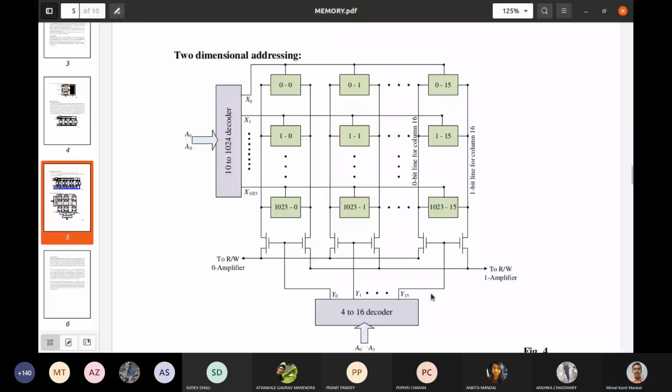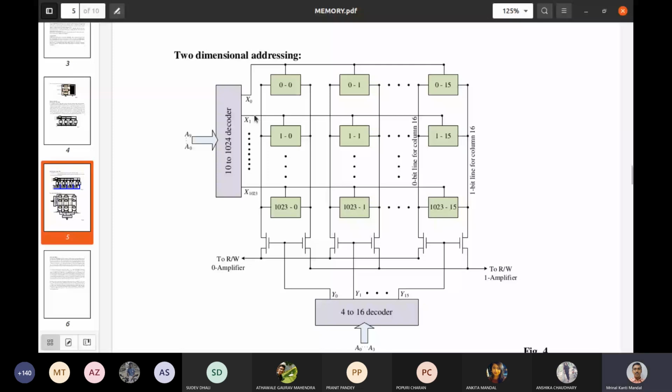Now this particular row will be selected at a particular instant of time by highlighting this. Suppose all are 0, then X0 will be high. If A0 is 1, all others are 0, then X1 will be high. So this row will be activated, right?